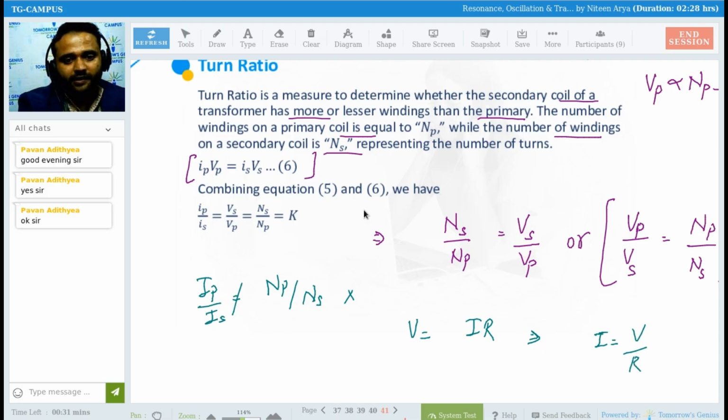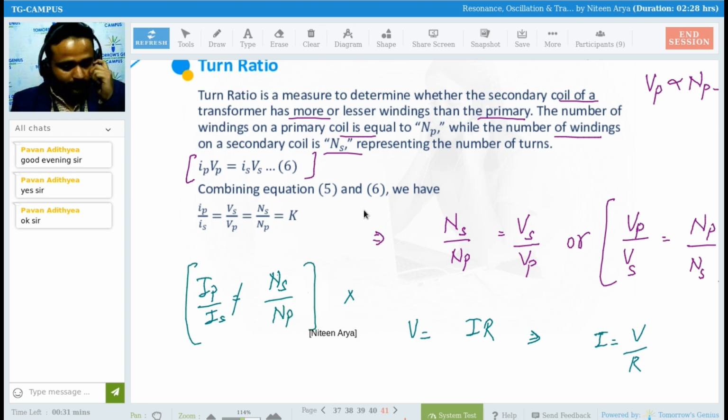So here primary divided by secondary is going to be Ns by Np. Instead of saying Np by Ns, that is the wrong thing, because I don't know why the maximum number of students make this silly mistake.